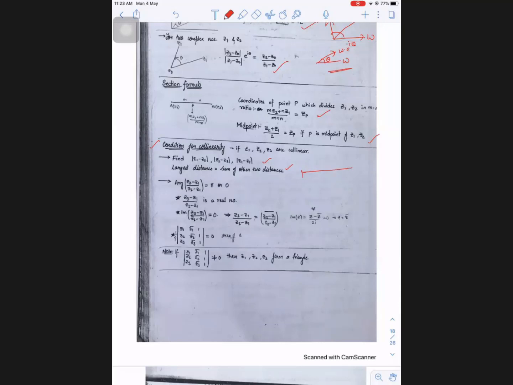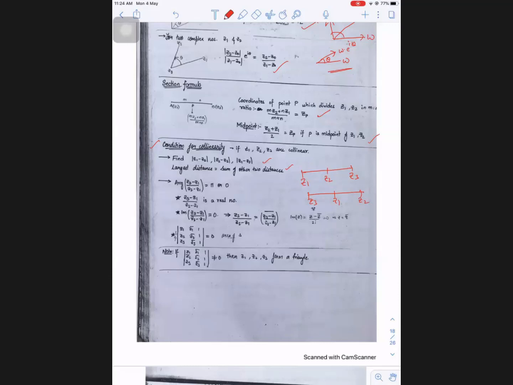And one more result is if you take Z1, Z2, Z3, if they are collinear, then argument of (Z3 minus Z1) by (Z2 minus Z1). For example, if Z2, Z3 are on the same side, then argument is equal to 0. If Z1 is in middle and Z3, Z2 are on the other side, then argument is coming like pi.